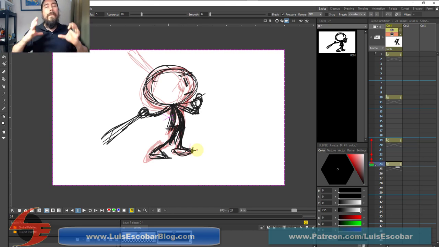So the keyframes are the main roadmap drawings that define the action. The breakdown drawings are the main drawings that define the motion. So one defines the action, the other refines the motion. So it's the subtle parts of the motion, the explanation of some of the physics. That's what the breakdowns are.